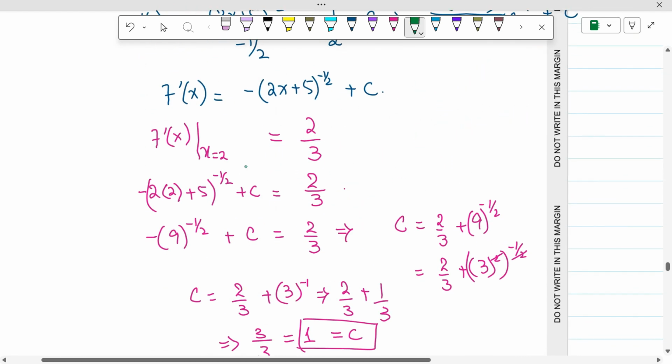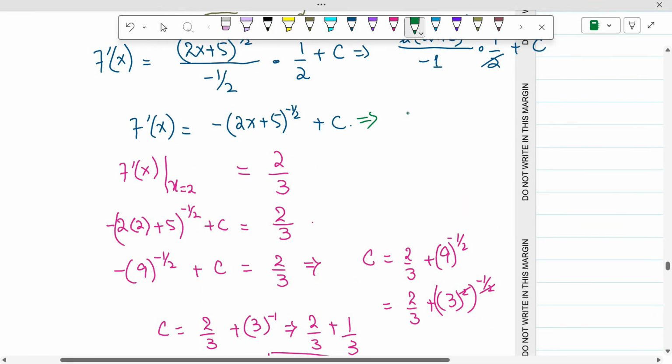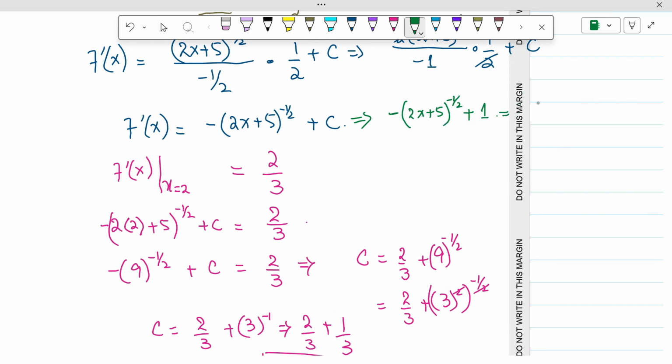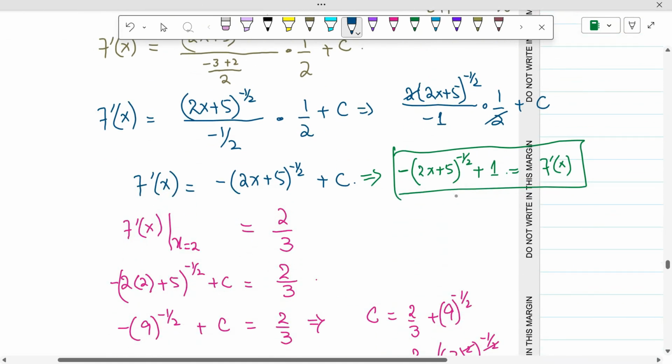Now we have calculated the constant c, so we can say that the first derivative of the function is equal to negative (2x + 5) to the power of negative half, plus 1. This is the first derivative of the function or the curve. We need to find the curve equation, so we can again integrate this equation.